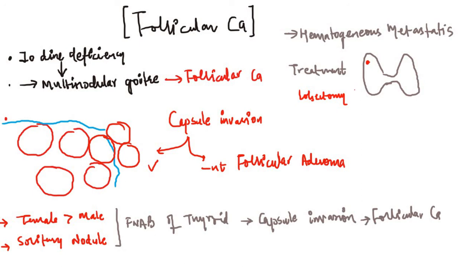But for example, if the size of follicular carcinoma is large or it is big, then the treatment would be total thyroidectomy. Also, if the follicular carcinomas are at multiple sites, then also the treatment would be total thyroidectomy.